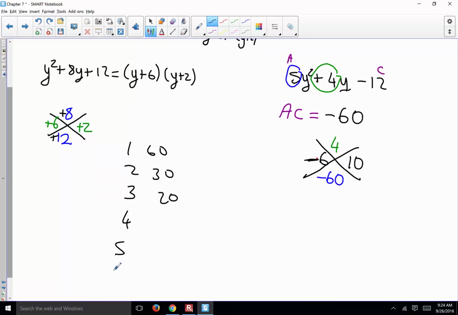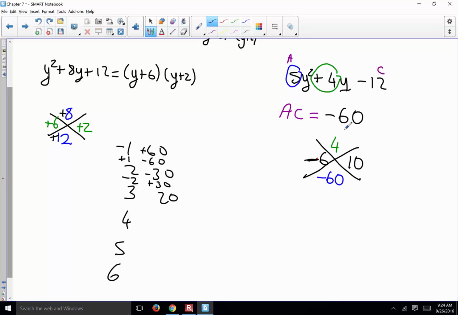Eventually, you will hit the right pair with the right signs. You need to flip the signs as well, okay? One negative, one positive, positive, negative, negative, positive. After 6 options, you will catch this guy.